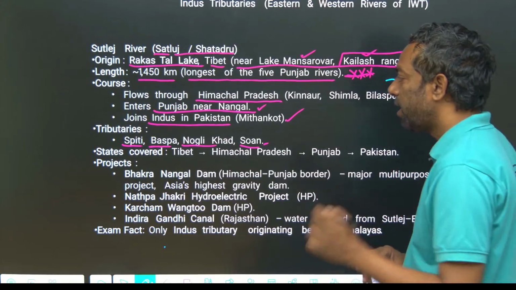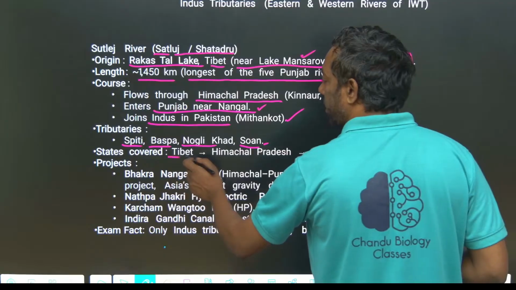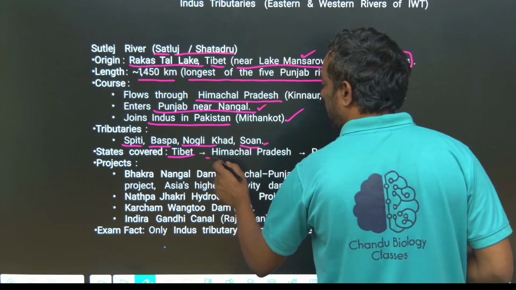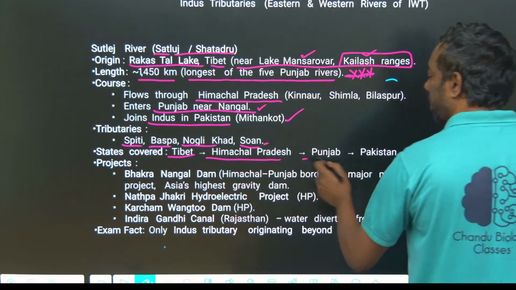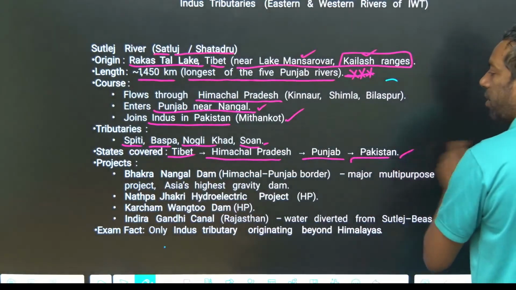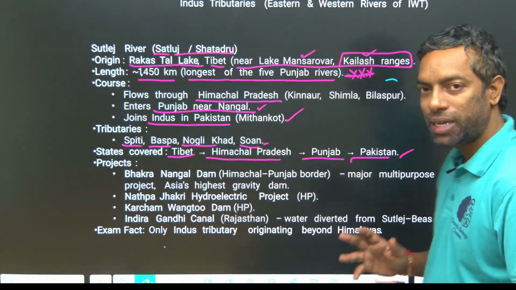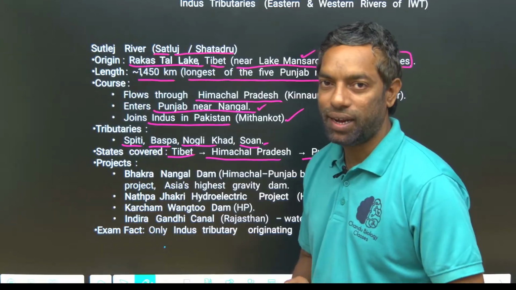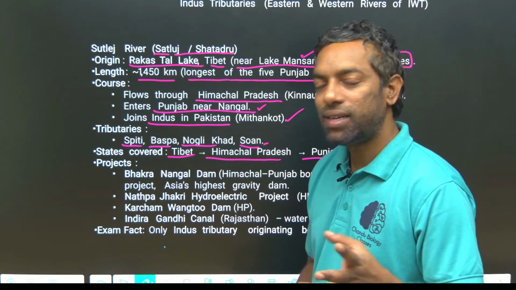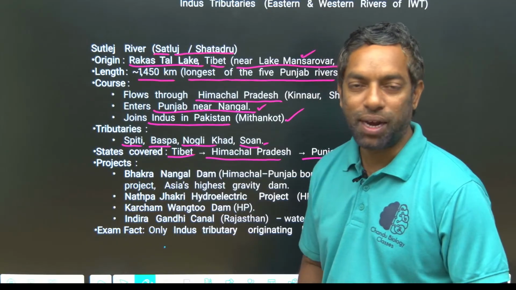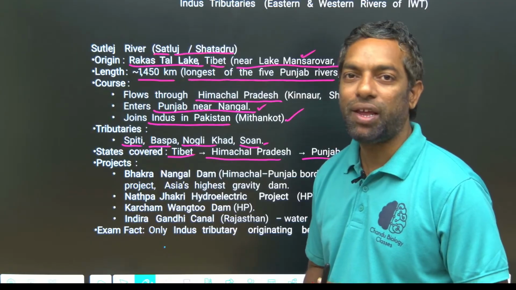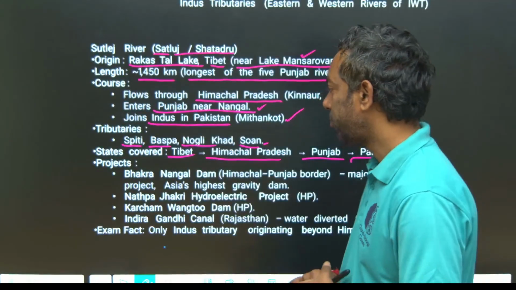The Satluj covers Tibet in China, Himachal Pradesh and Punjab in India, and later enters Pakistan. Himachal Pradesh and Punjab are the two states in India. The origin is Tibet and it finally reaches Pakistan. These are the four areas the Satluj covers.